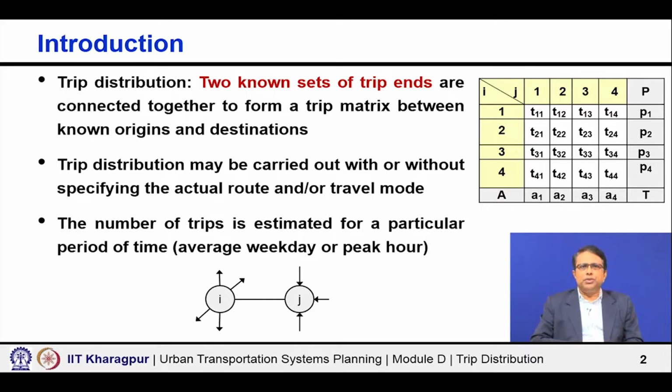The number of trips is estimated for a particular period of time, maybe for an average weekday or maybe for the peak hour, that depends on the context, because there is always an implicit time unit, because we are saying the productions, attractions, or we are saying from this origin so many people are making travel to that particular destination.